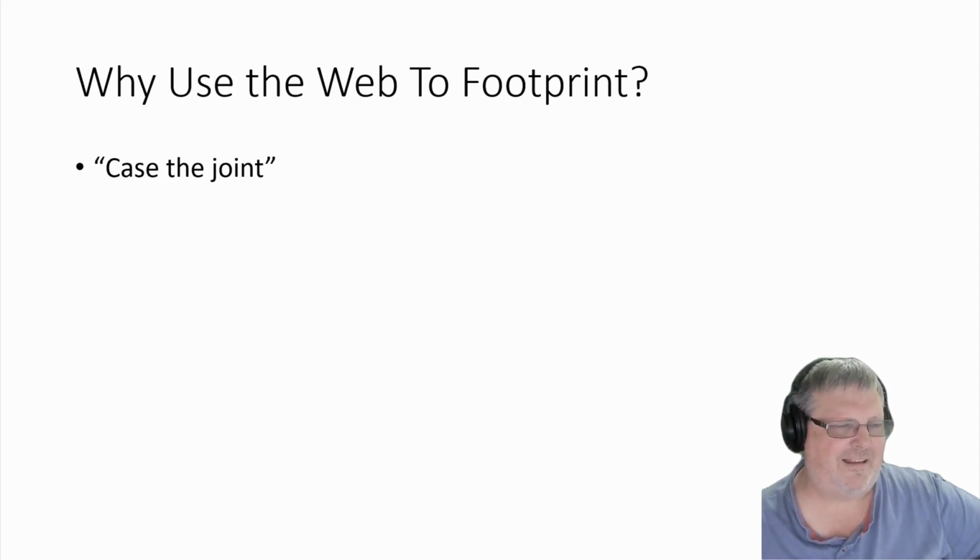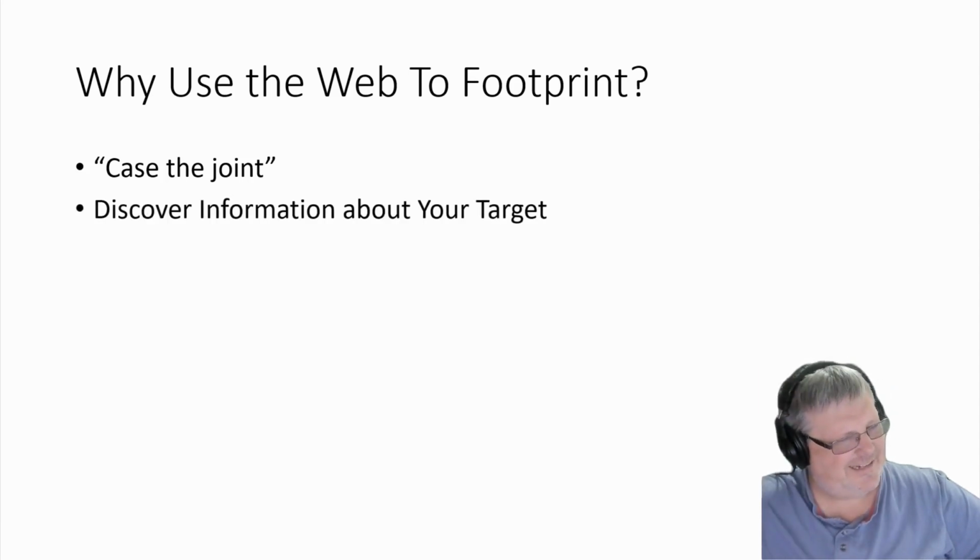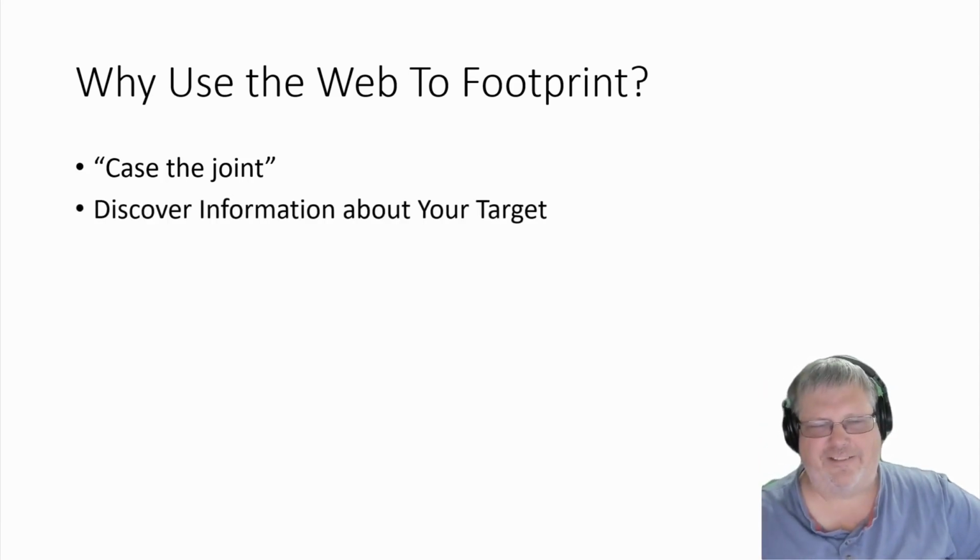But you can also find weaknesses in the systems and discover information about the target, such as from job postings on LinkedIn. You can find information such as what type of machines the company is using.